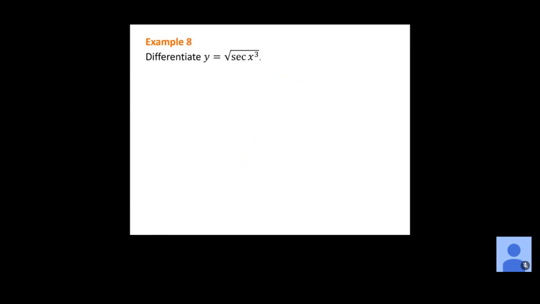All right. So now we want to find the derivative of square root of secant x cubed. So what do you think our first step is going to be this time?